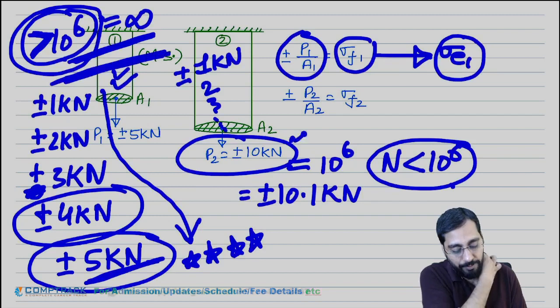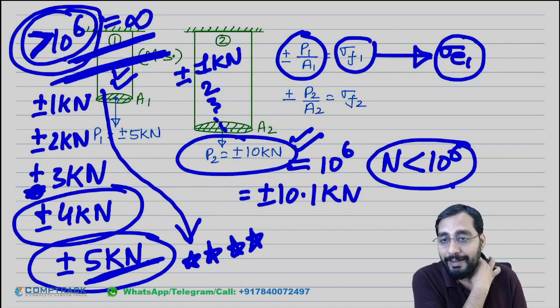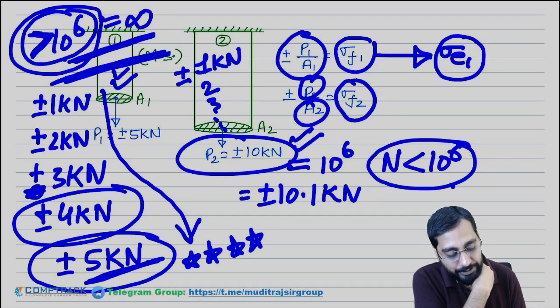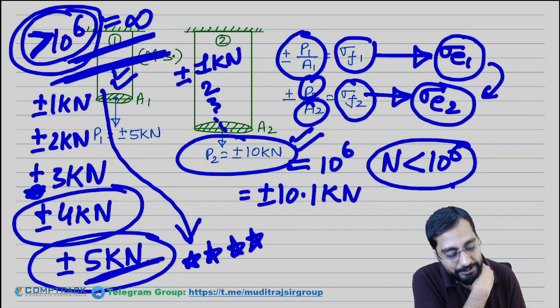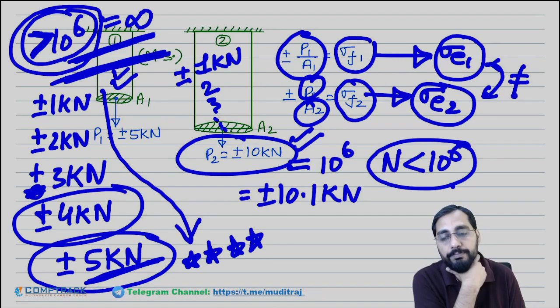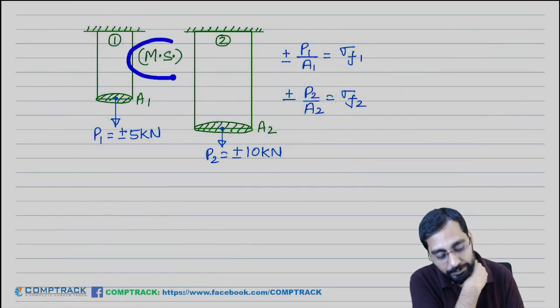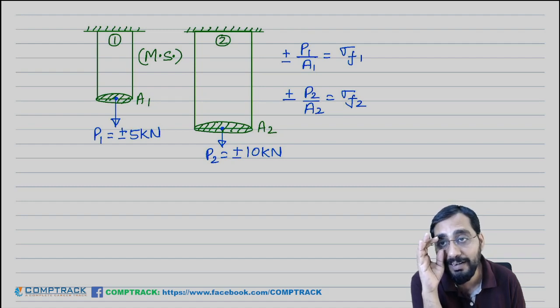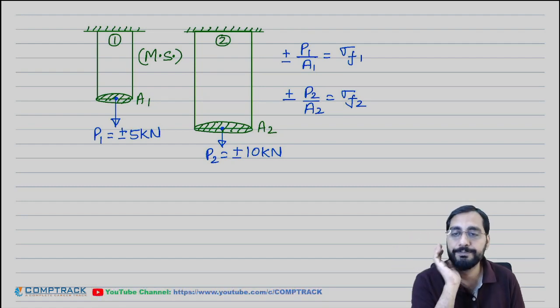So this load will become the endurance strength load. At this load upon area, this will become your fluctuating stress value, meaning sigma E2. And this sigma E1 and sigma E2 will not be equal. Whether it is the same material, even then sigma E1 and sigma E2 values will not be equal. So it is not a material property.